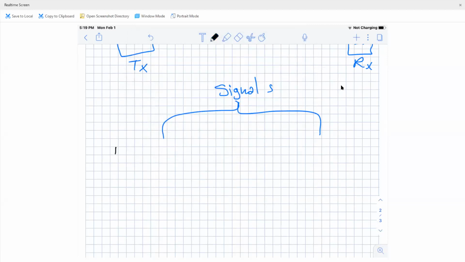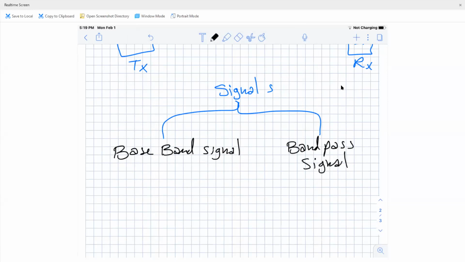First one is called baseband signal. The second kind is called bandpass signal. Now, what's the difference between these two signals? And give me examples of each kind. Baseband signal and bandpass signal. Who can give me an example of a baseband signal?